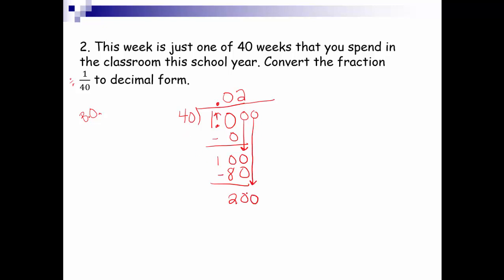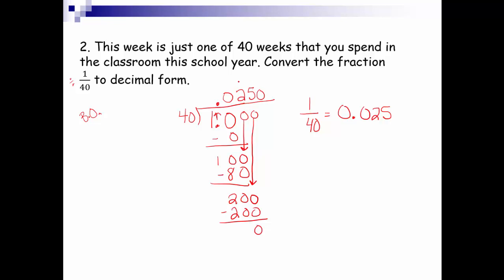How many times does 40 go into 200? 4 goes into 20 5 times, so 40 goes into 200 5 times. 5 times 40 is 200, with a remainder of 0. So 1 over 40 is equivalent to 0.025 as a decimal.